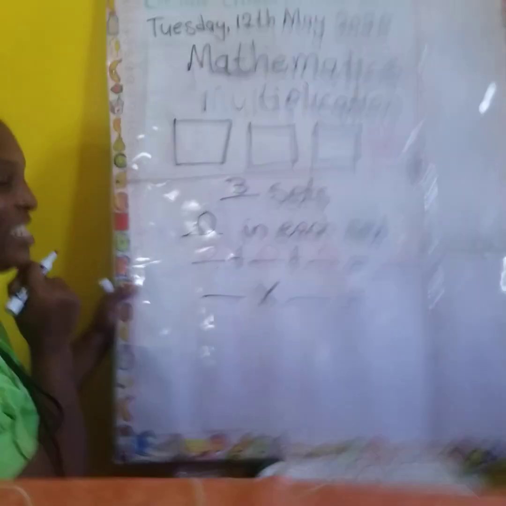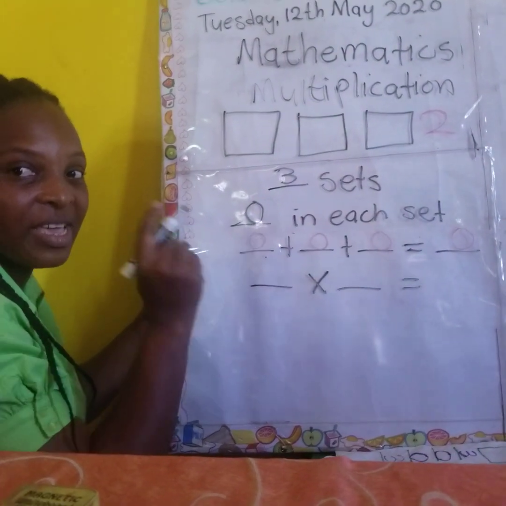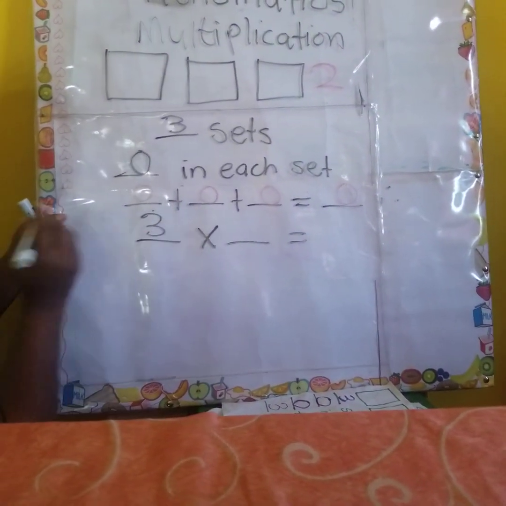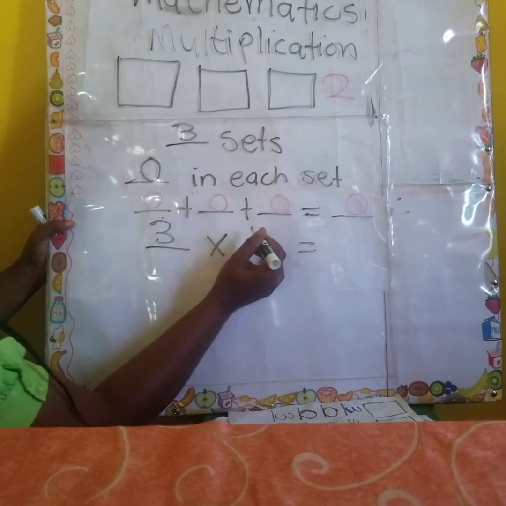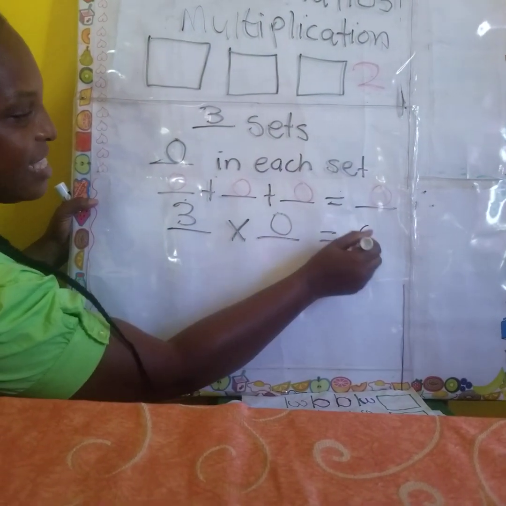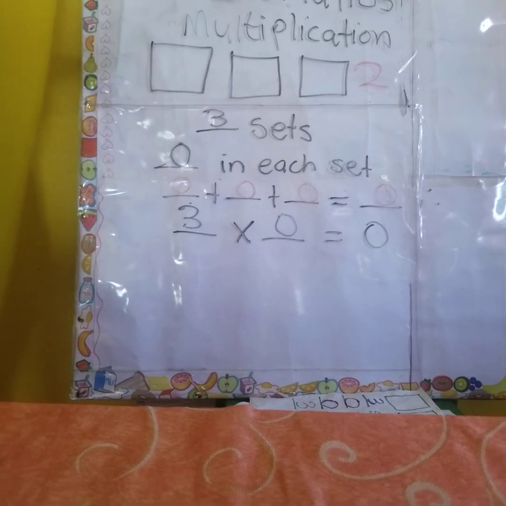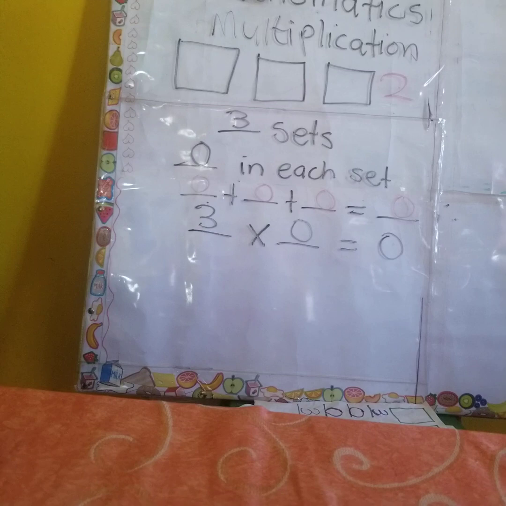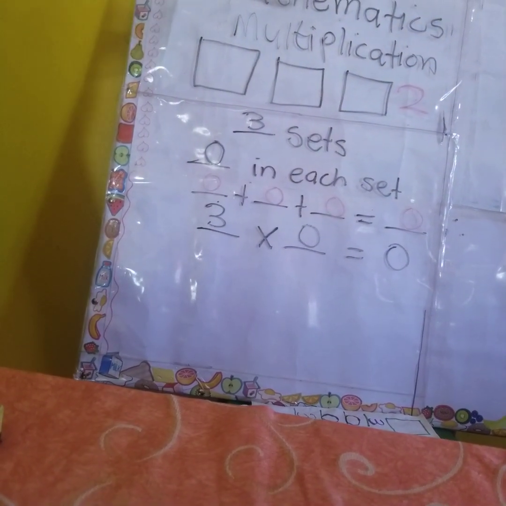No, not the number in each set. I have to put the number of sets. And the number of sets is 3. And how much in each set? Very good. 0. So 3 multiplied by 0 is 0. Awesome. And remember, anytime you multiply a number by 0, it is always 0.